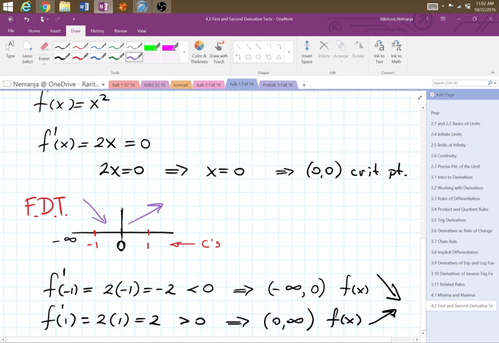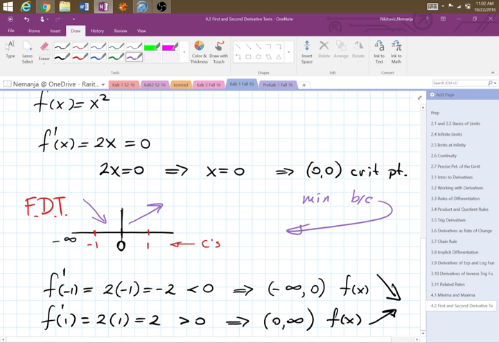And now look how much effort it takes to figure out that (0, 0) is a minimum. No effort, right? Has to be minimum. So this is how easy it is. Once you have the first derivative test done, immediately you can decide what your critical point is. And we're done.